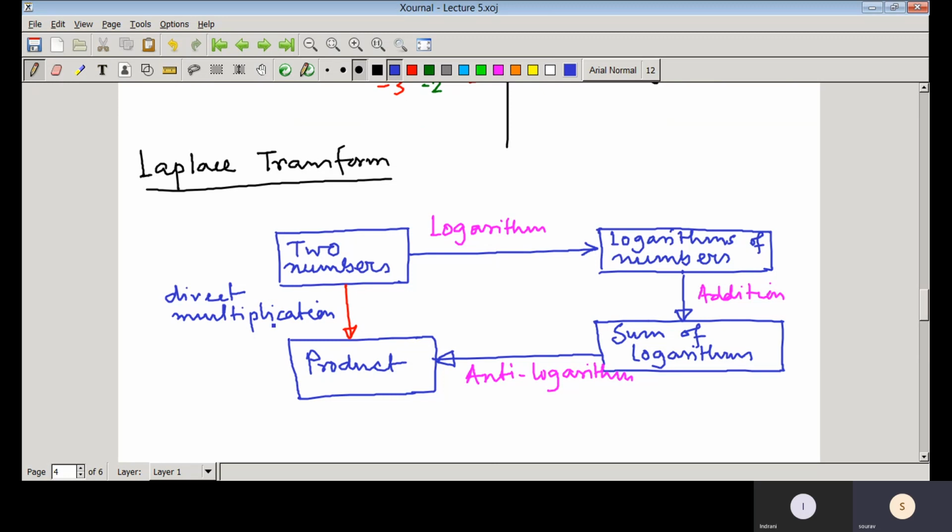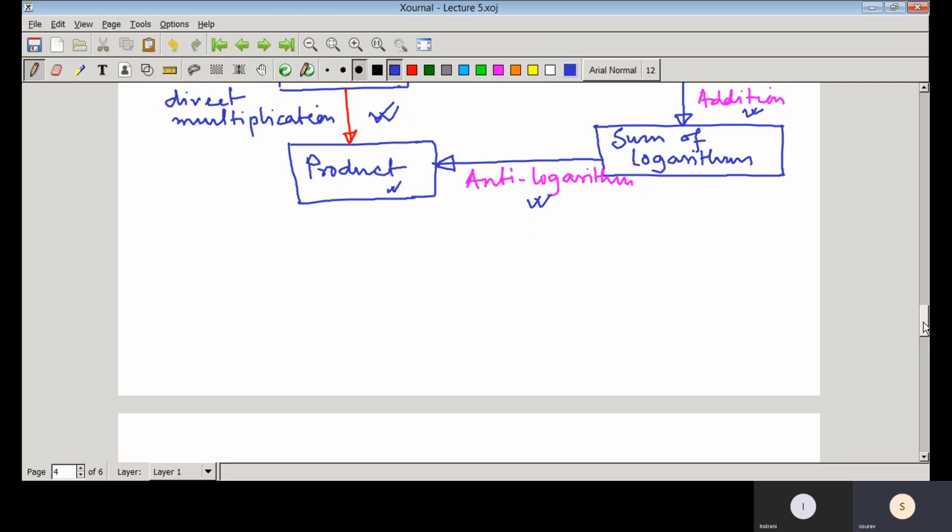One is just direct multiplication, or you transform it. How do you do this? You take the logarithm and it comes into addition form, and then if you take the anti-logarithm, you again get back this product. The same thing we do in case of Laplace transform. So Laplace transform is a transform.